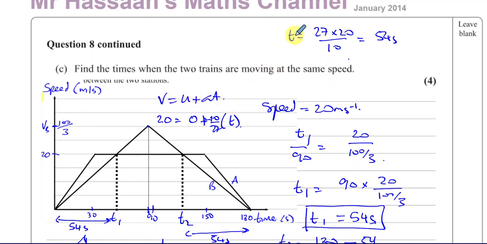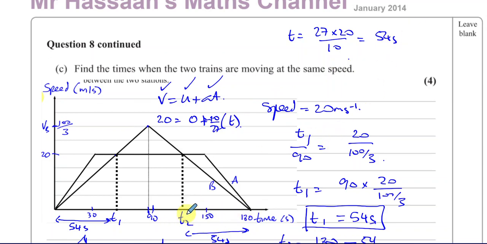You know the acceleration from part 1, you know the initial velocity is 0, and you know the final velocity because that's when they reach 20 meters per second, when they're at the same speed, and you can find what t is quite easily.